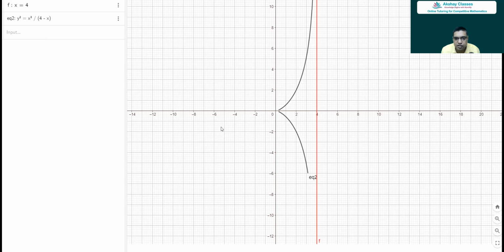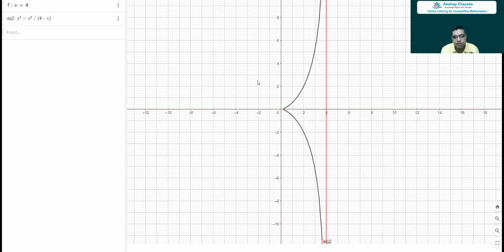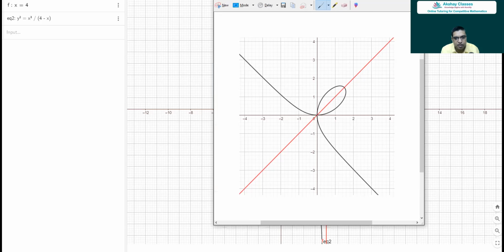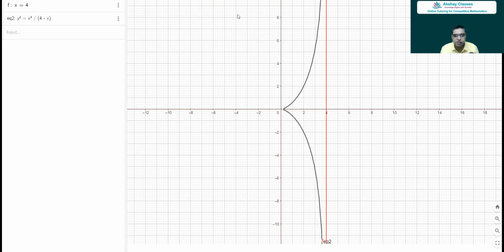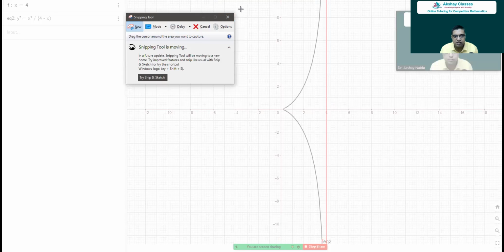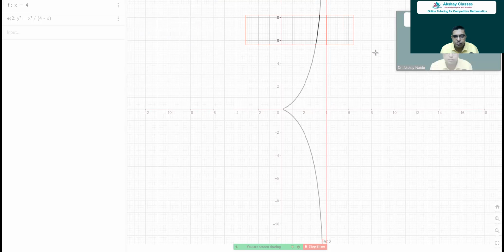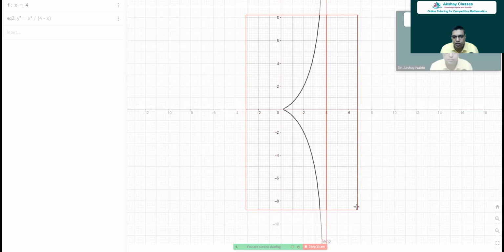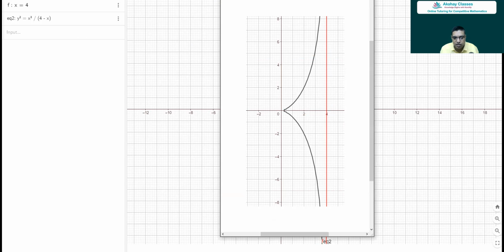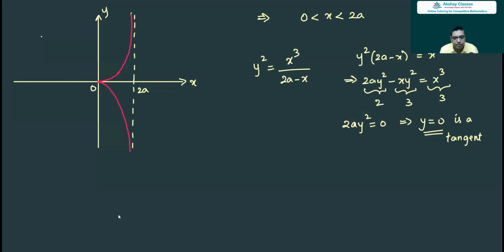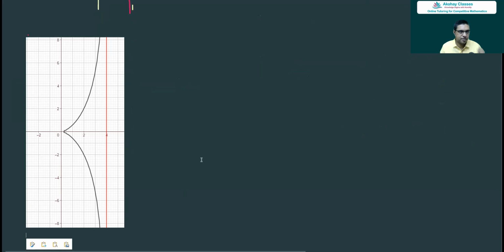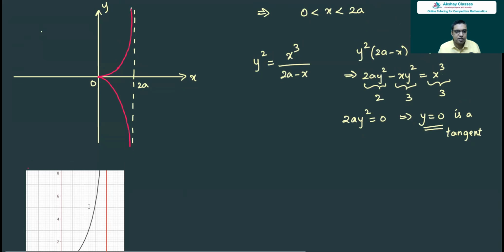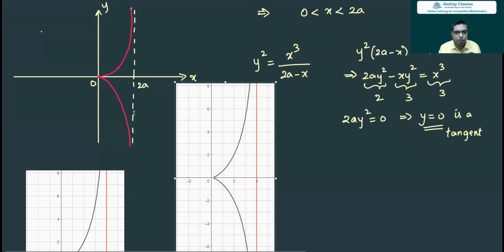The grapher is tracing it; it seems difficult even for the grapher. So what we traced and what we got is the same, right? So this curve is the same as what we drew.